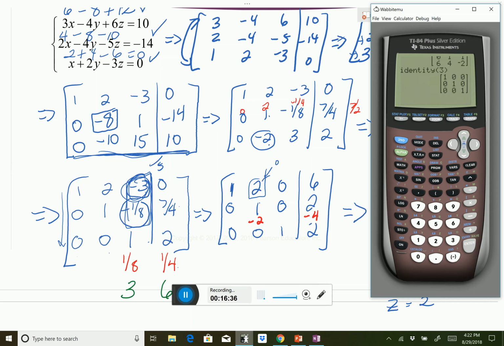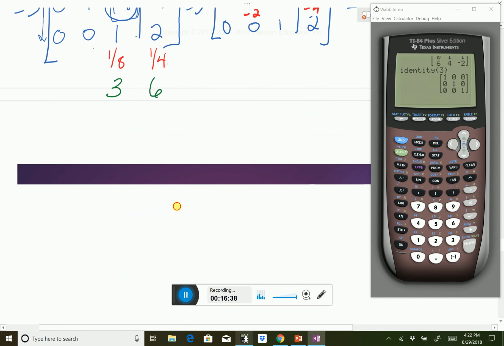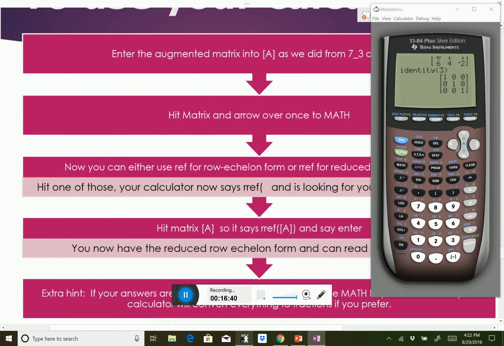Now, once I have that entered, I'm going to hit matrix. I'm going to arrow over to math. Now, I can use REF, so scroll down here, you'll see them. I can either use REF or RREF.